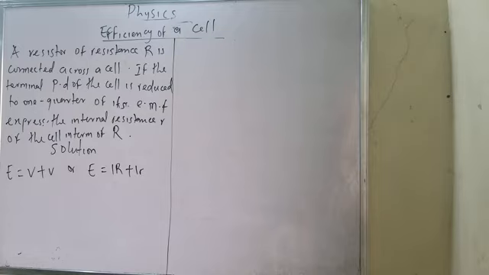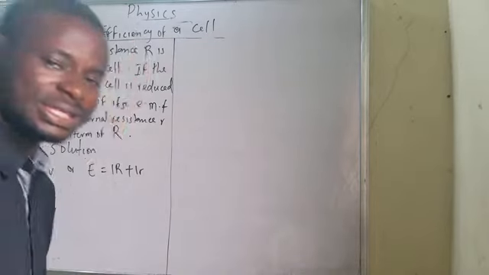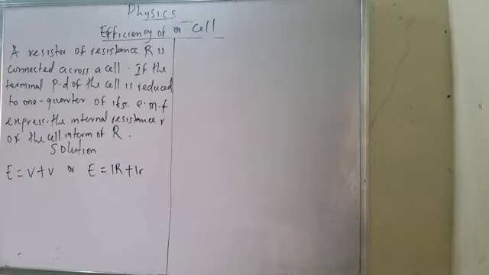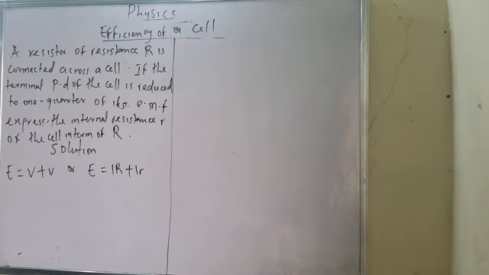Because the question is telling me about internal and external resistance, and also we are referring to electromotive force, I must think this way so that I can see a connection on the problems.